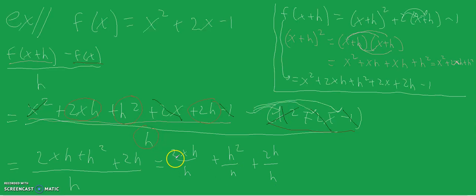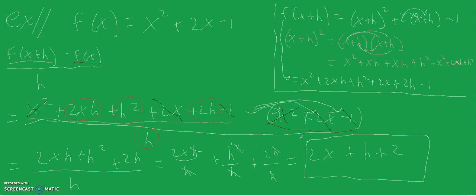Now I make a fraction out of every term in the numerator because that's how fractions work. And now I can see that these h's cancel each other out. This h cancels with this up here, and I get one h on top. And these h's cancel each other out. So now I'm left with 2x plus h plus 2. And that is my difference quotient.